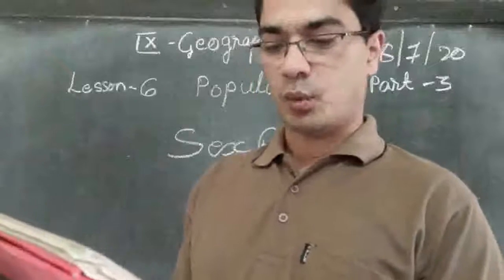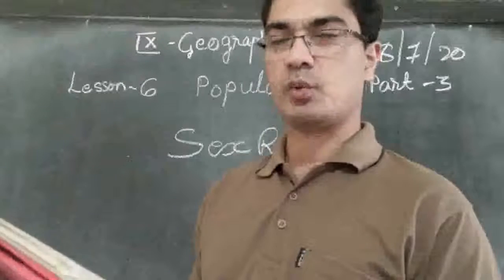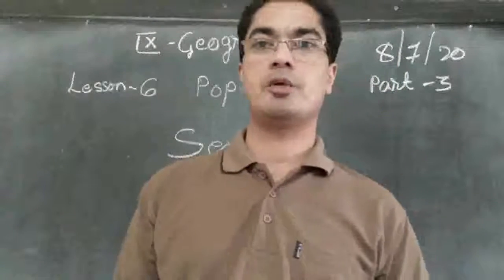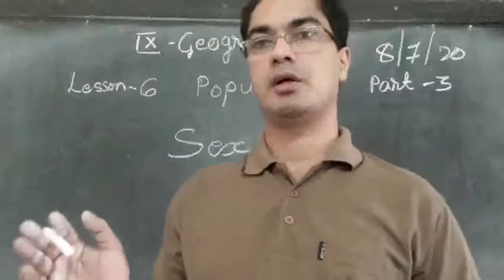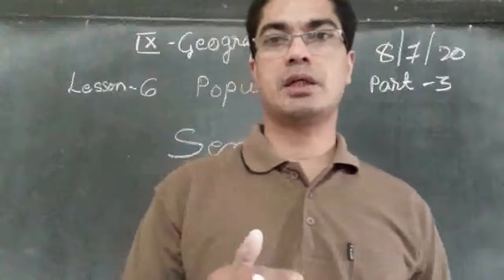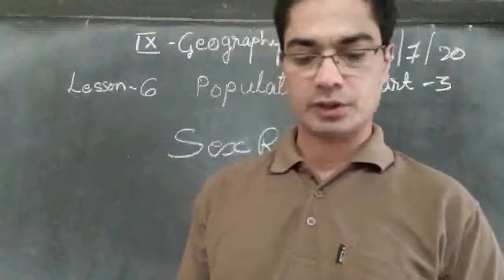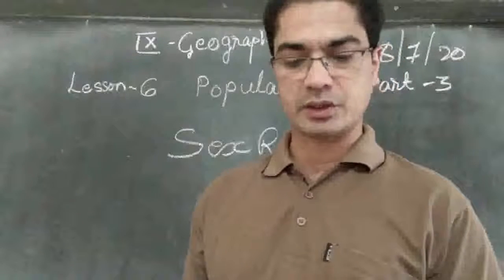Then Delhi has only 821 females per 1000. So if you go to Delhi, the capital of India, the number of females is very low. For 1000 boys, the number of girls is 821. So very less, and there is no equality. And Haryana has just 861.